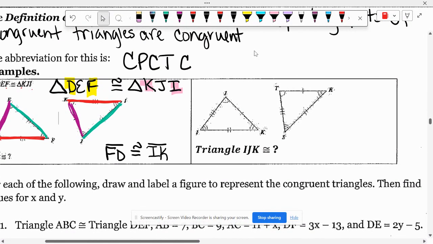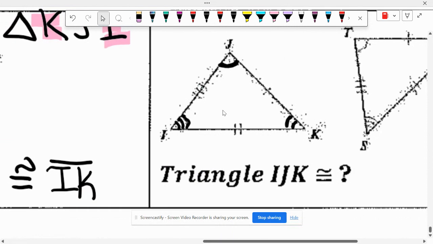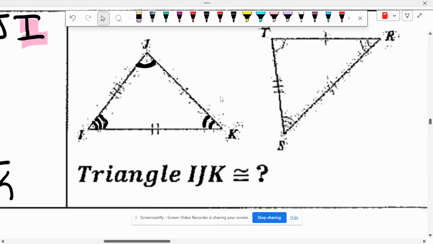Okay. So let's look at the measures. I don't know if you guys can see it, but you have an arc right here on angle J. You have 1 arc. Then you have 2 arcs for K and 3 little arcs at angle I. Do you guys see that? Draw those in.